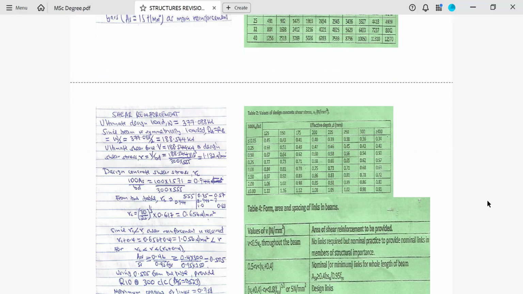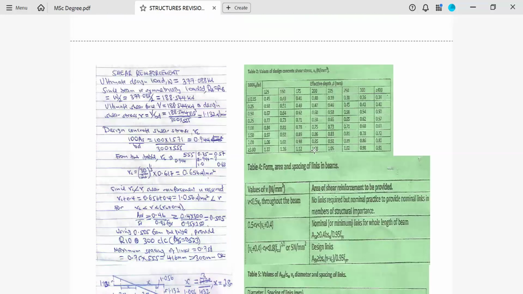Now look at table 4, which talks about form, area and spacing of links in beams. Now this is how we shall start. We shall come here and say, now let us look at our category. We know that our value of design concrete shear stress is 0.656 Newton per millimeter square, and the design shear stress is 1.132.